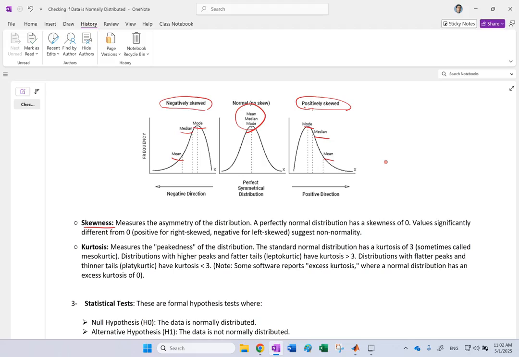For a normal distribution, the skewness is actually 0. So if you calculate the skewness for your data and it's 0, that means your data is kind of bell-shaped. But in this case, you see that the data is negatively skewed, and in this case it is positively skewed, okay? So that is another way.